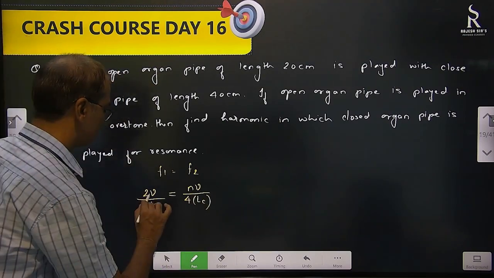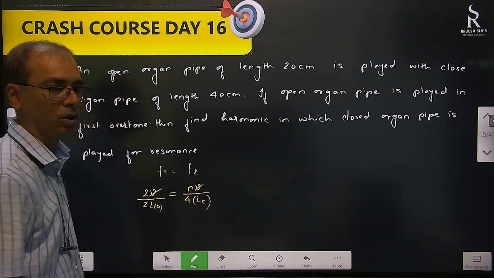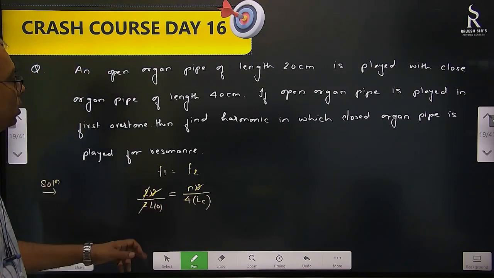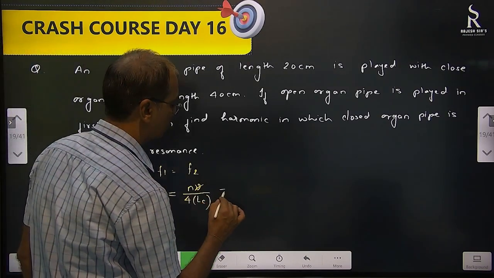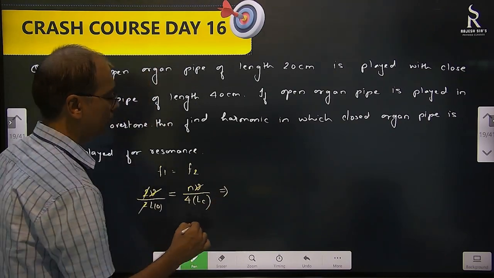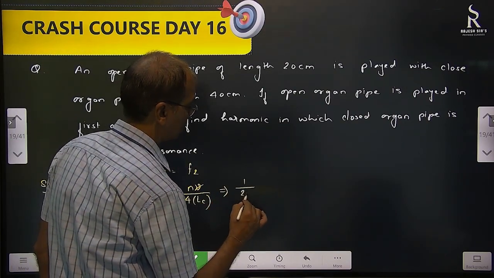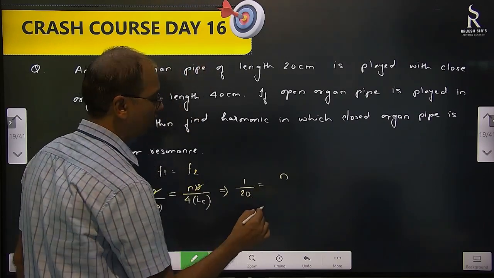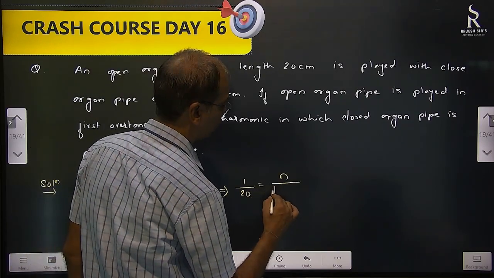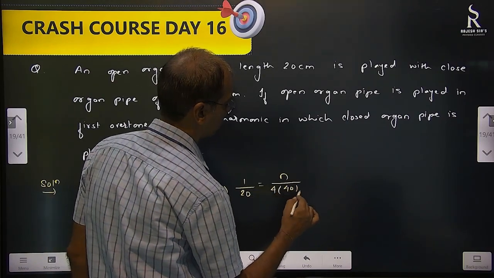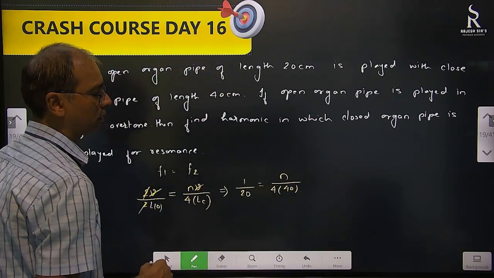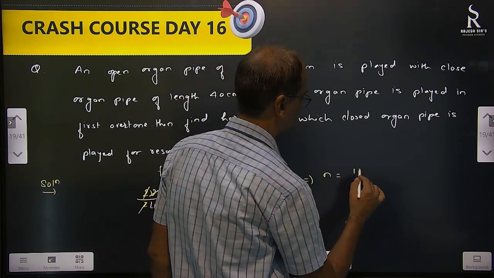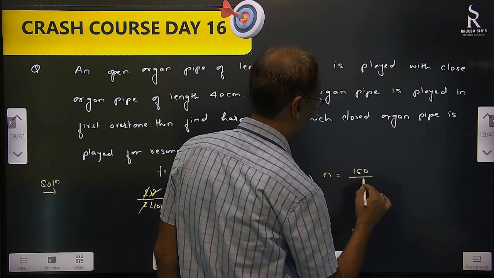So V, the velocity of sound, is cancelled. This 2 and 2 also we can cancel. So the length of the open organ pipe given is 20, so 1 by 20 equals N by 4 LC, which is 4 into 40. So N is equal to 160 by 20.